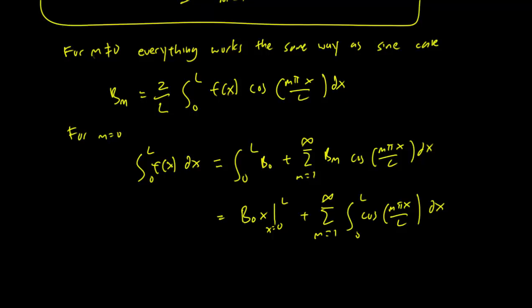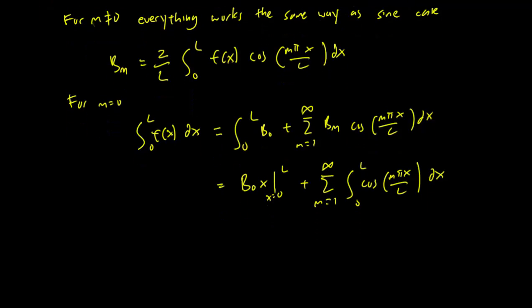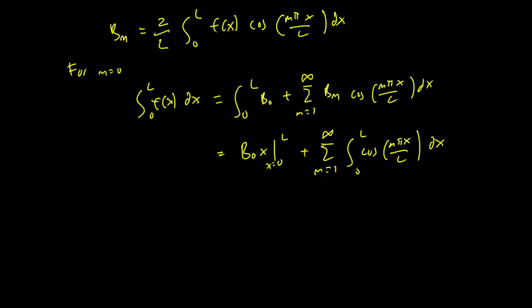It's not too difficult to see that all of these cosine terms, when you integrate them, go to 0. And we are just left with b naught times L.